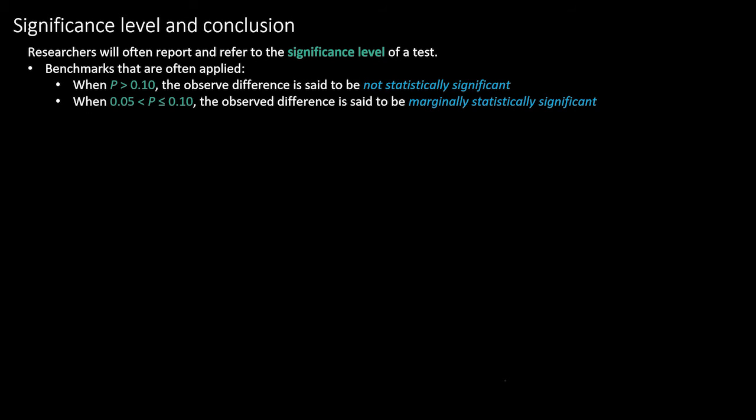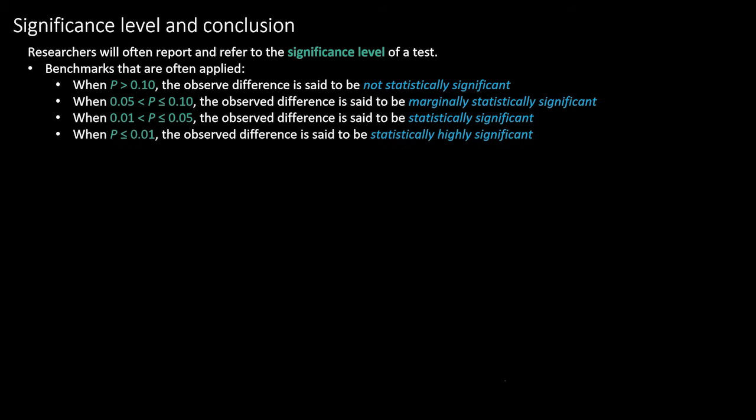When the p-value is greater than 0.05 but less than 0.1, the observed difference is said to be marginally statistically significant. When the p-value is greater than 0.01 but less than or equal to 0.05, the observed difference is said to be statistically significant. And finally, when the p-value is less than or equal to 0.01, the observed difference is said to be statistically highly significant.